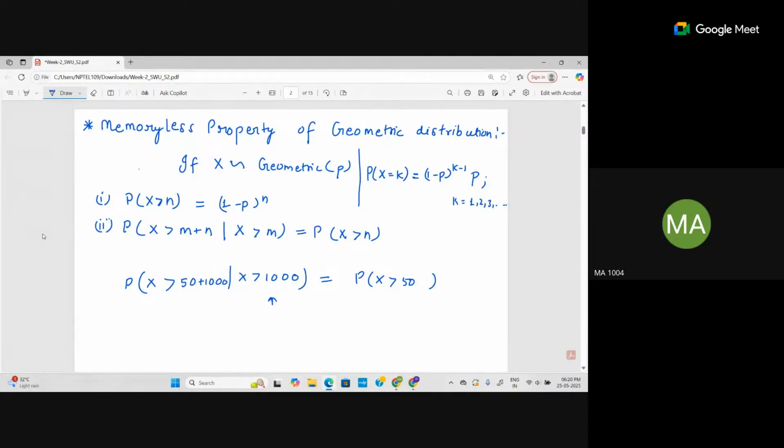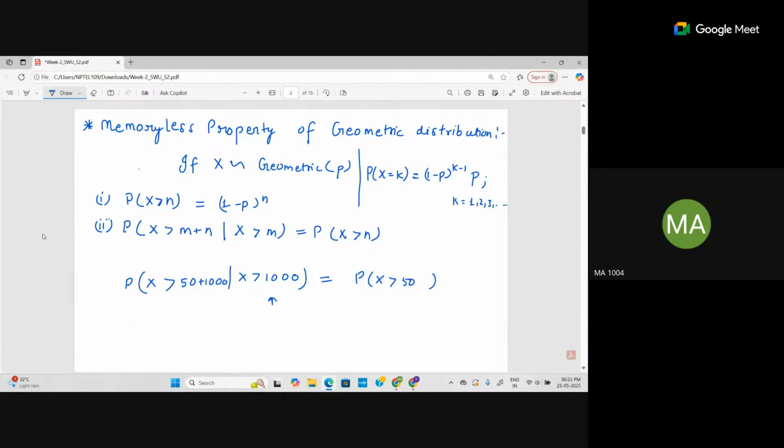Is it clear to everyone? Yes, ma'am. But if we start from n plus 1, then k is equal to n, no, madam? That means k is equal to n plus 1, right, in this formula? See, this is x greater than n. So you have to add all those cases where x takes values greater than n.